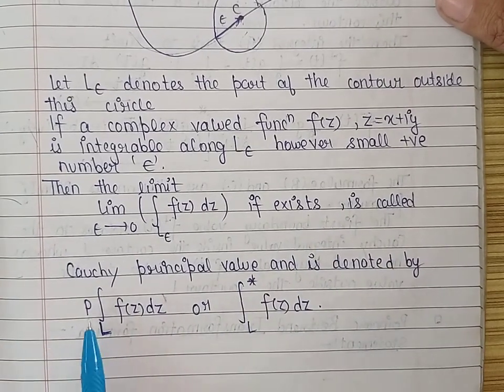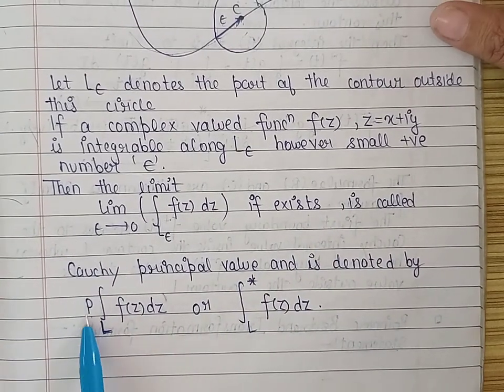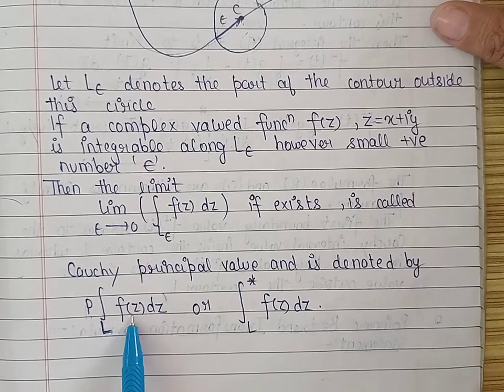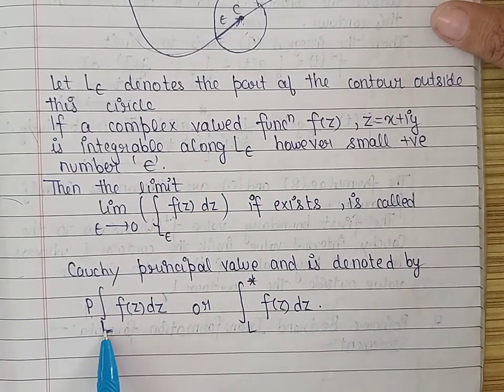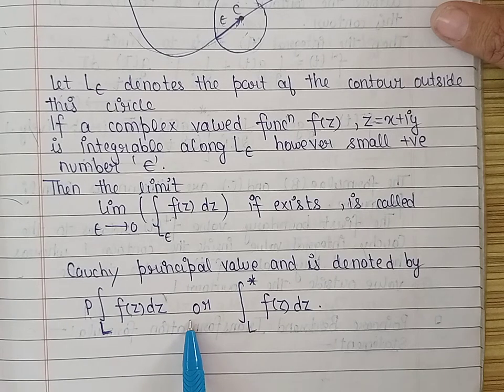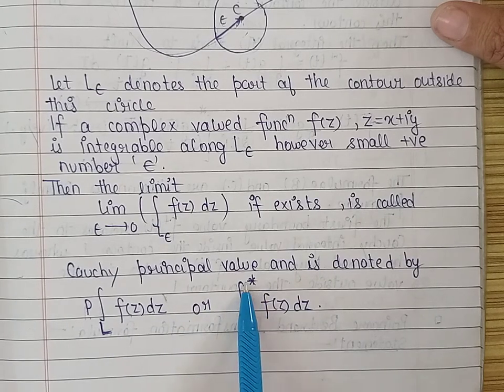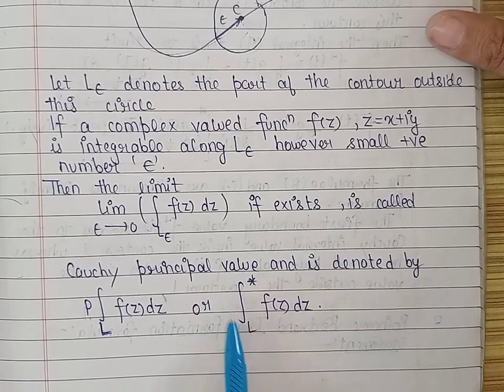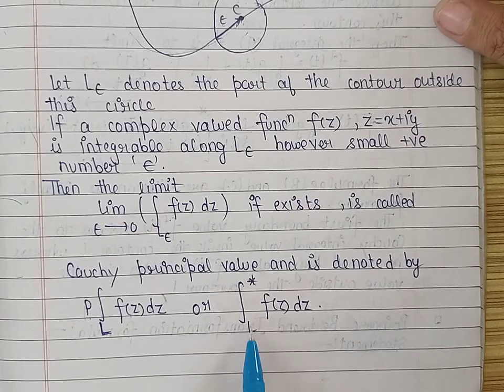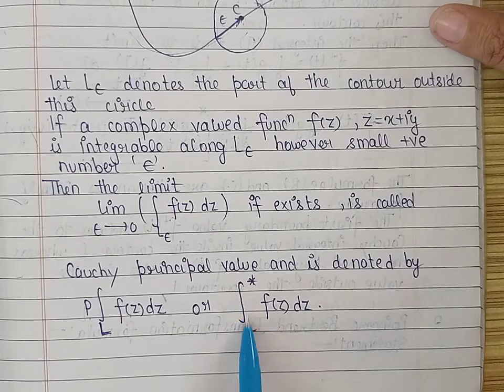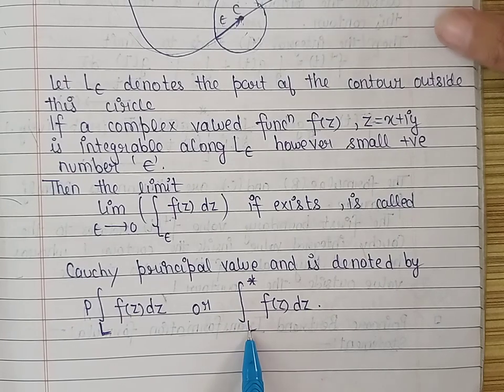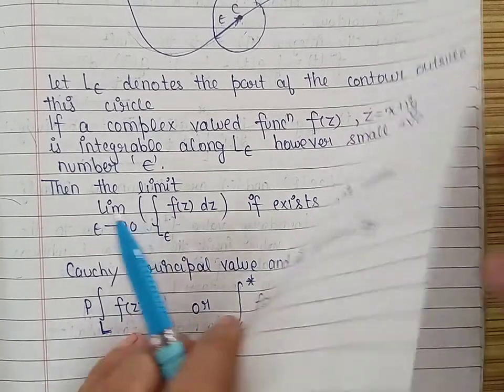It is denoted by the symbol P, integral of the function f over the contour L, or we can denote it by putting an asterisk sign in the upper limit and writing L in the lower. This is the Cauchy principal value over the contour L of the function f.